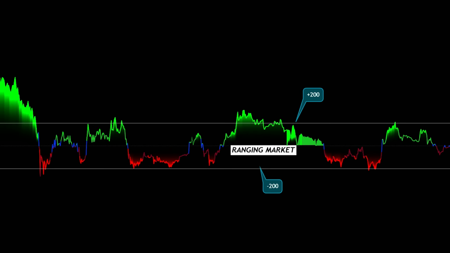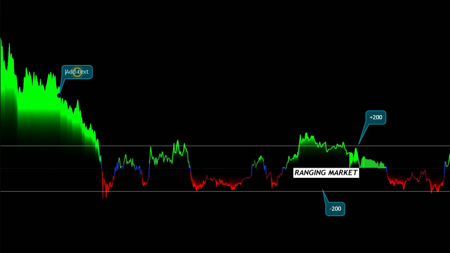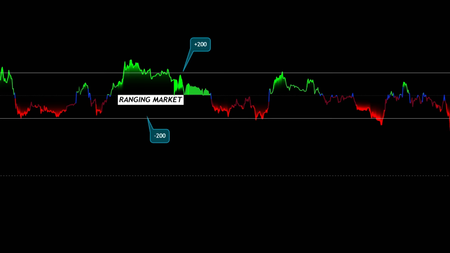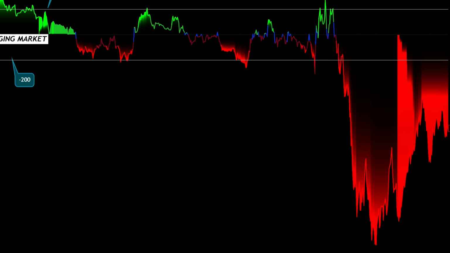If the line is above plus 200, the market is in an uptrend. If it's below minus 200, the market is in a downtrend. Nothing else matters.